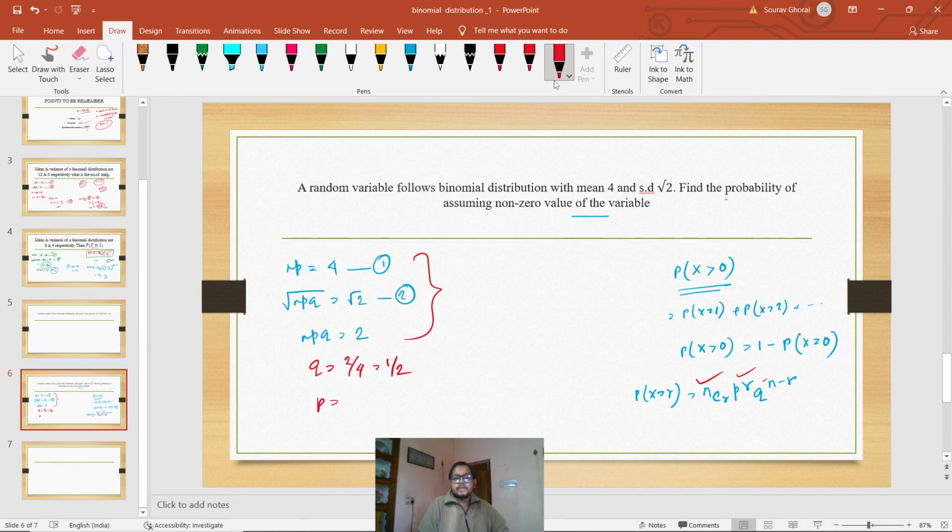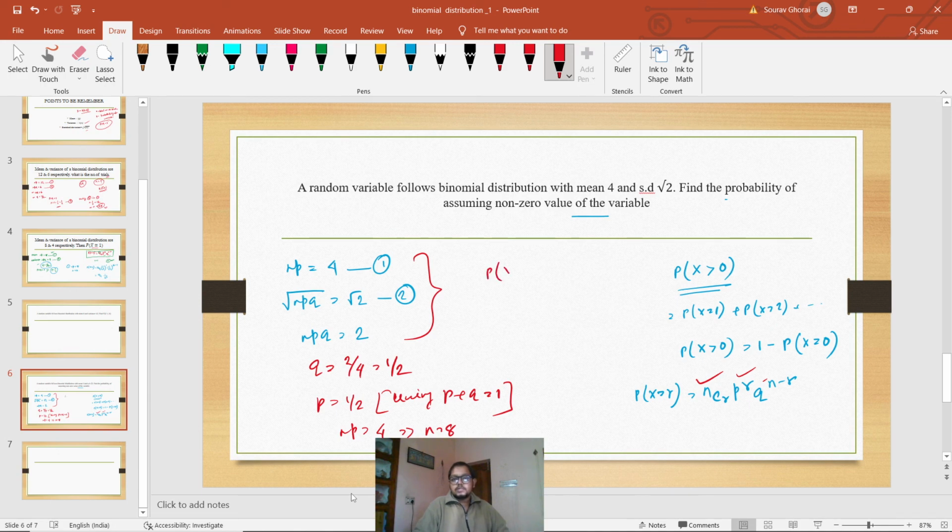The value of p will be half, using the result p plus q is equal to 1. And if we use the first one, that is np is equal to 4, from here we will get n.